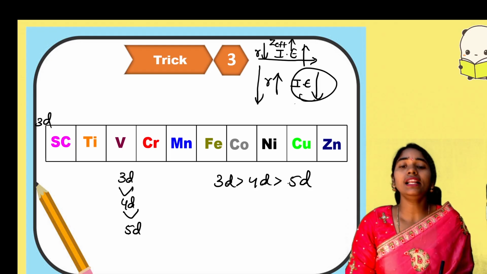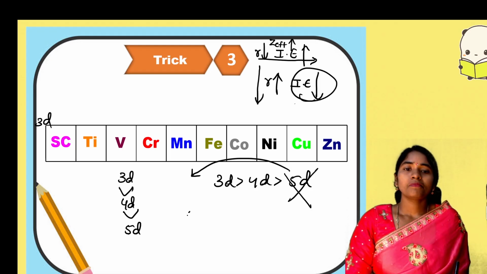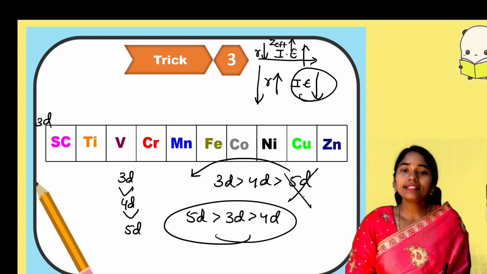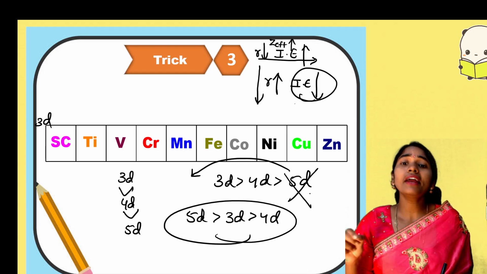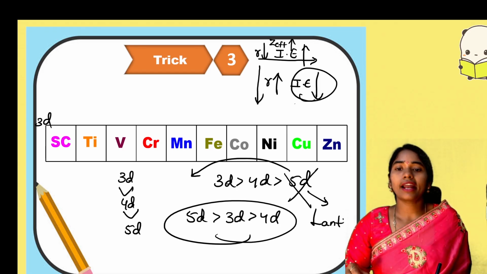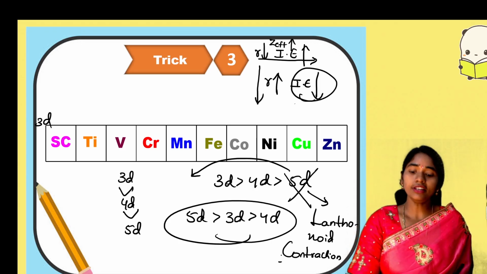But the exceptional case is, this is not the correct order. 5d comes first, then 3d and then 4d. This is the correct order. This is because in 5d elements we observe lanthanoid contraction. Due to lanthanoid contraction, 5d elements are having more ionization energy.